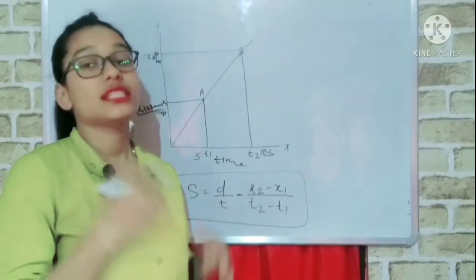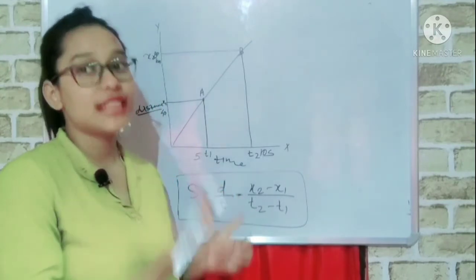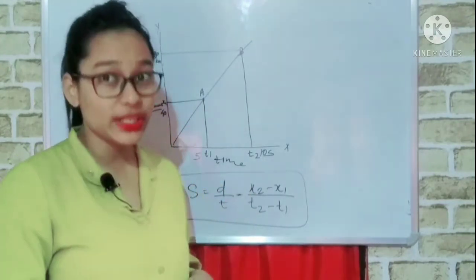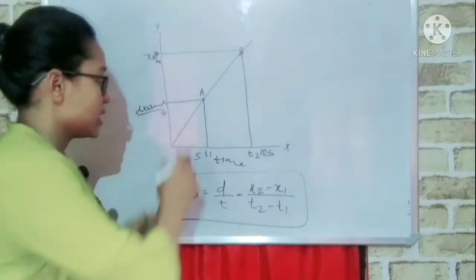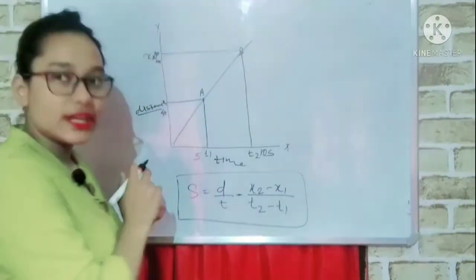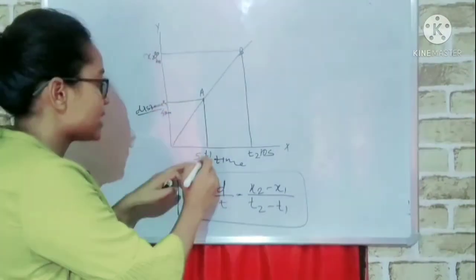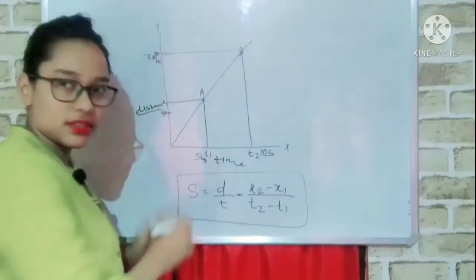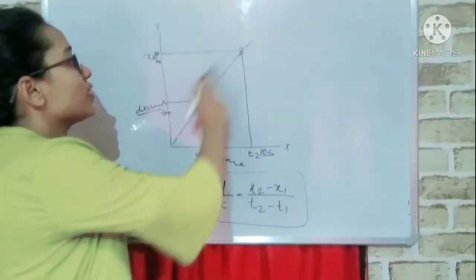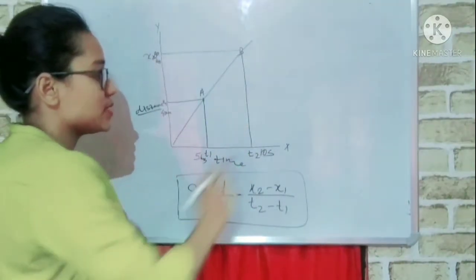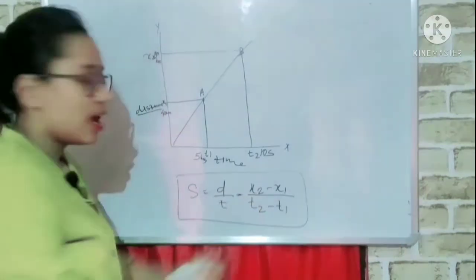Students, now let us try it with a numerical example. Suppose when the car reached point A, the distance was 40 kilometers and the time was 5 hours. When the car reached point B, the distance was 80 kilometers and the time taken was 10 hours.